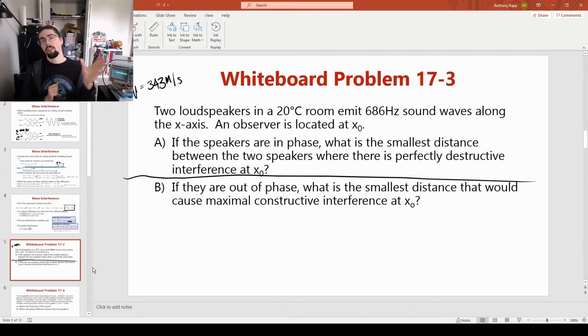Speakers are in phase in part A. Find what it takes to get perfect destructive interference. Speakers are out of phase in part B. Find what it takes to get perfectly constructive interference. Take the next 4 or 5 minutes to work on this one a little bit and see what we can come up with. Then we're going to come back to this together and see what you got.